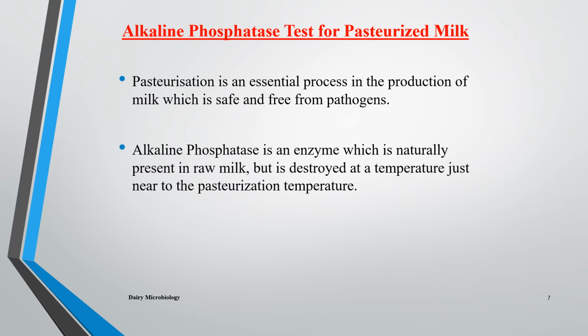So alkaline phosphatase is a thermolabile enzyme which is naturally present in the raw milk. It is a thermolabile enzyme, so that enzyme is destroyed at a temperature just near the pasteurization temperature.